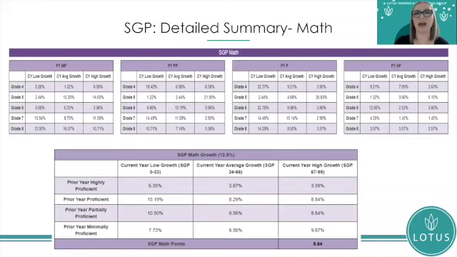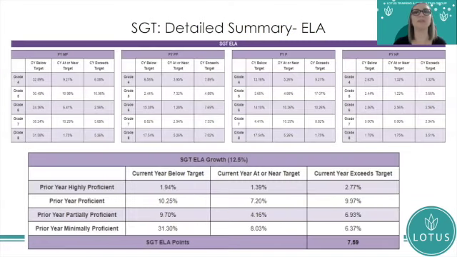So half of our formula in K-8 is based on how much growth our students have made. The other half is how close their growth is to the target, which gets them to proficiency over the course of 3 years. That's the SGT data in the growth calculation. The function looks exactly the same.